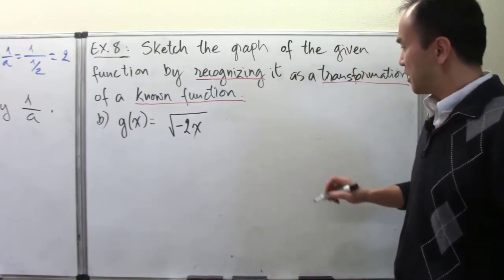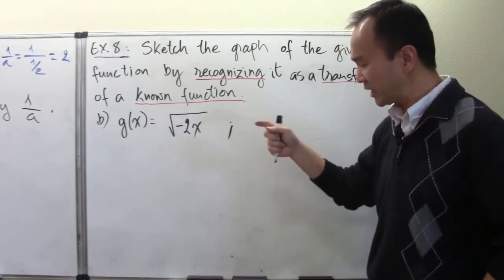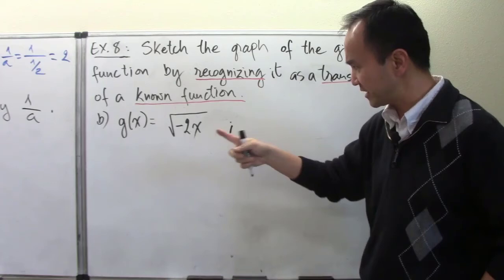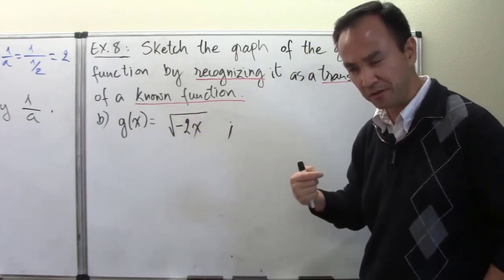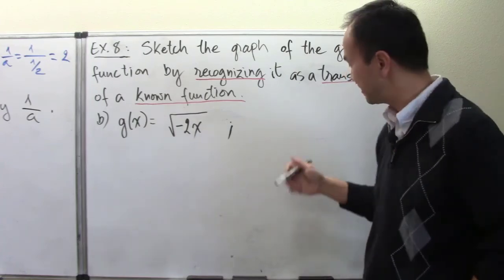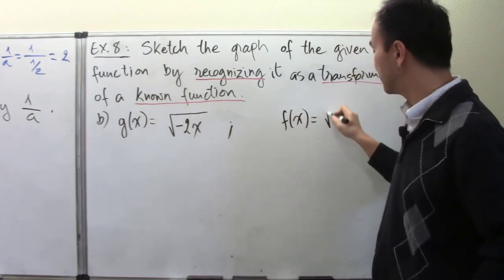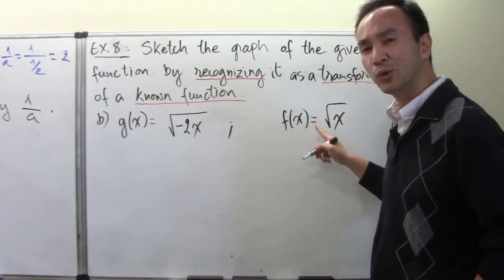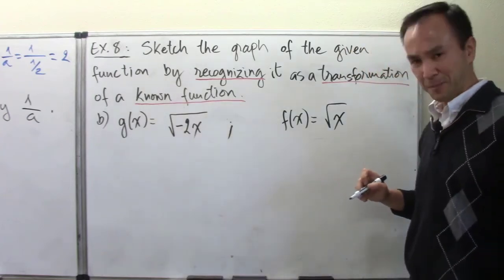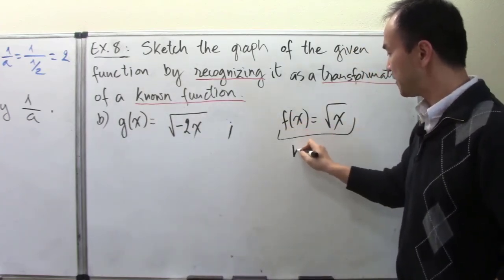Just from the look of this function, we're trying to recognize it. So here's the thought process. I see square root, and so I search within my memory: where have we seen square root before? The simple square root function is one among the toolkit functions that we have learned before. So clearly, this is a known function.